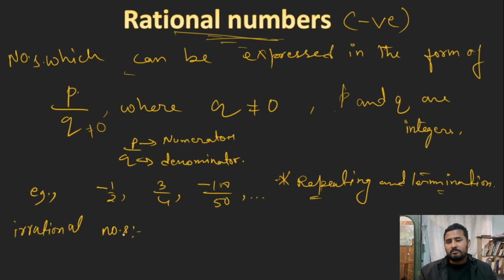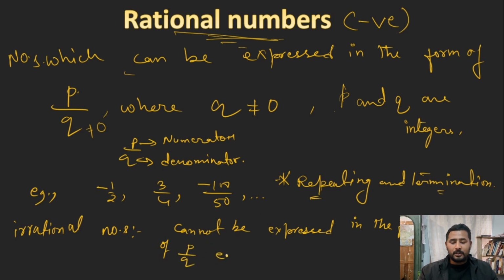Basically, rational is P by Q. Irrational cannot be expressed in the form of P by Q. For example, you have √2 and you have say pi, etc. This cannot be written in the form of P by Q. So I hope you have got rational numbers and also irrational numbers.